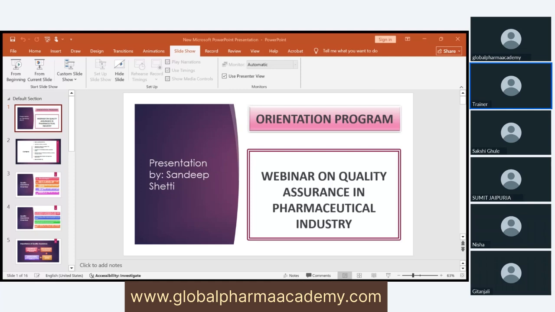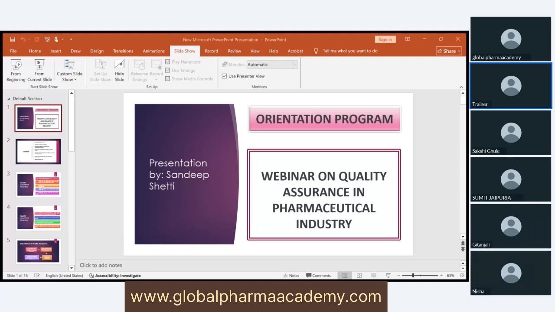The difference is, ensuring means it ensures that all the processes and all the controls which are designed are being followed. So the quality assurance system takes the ownership or supervises these procedures, and ensures that these are being followed properly, and then it assures that products and services are of proper quality and are being followed as per the systematic approach. So that is the very important role of quality assurance.